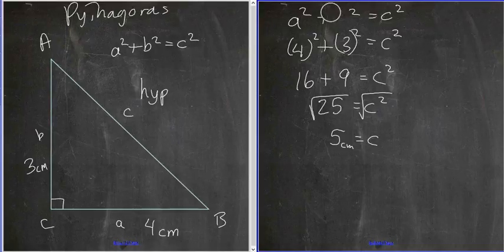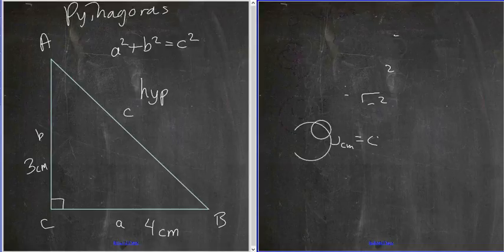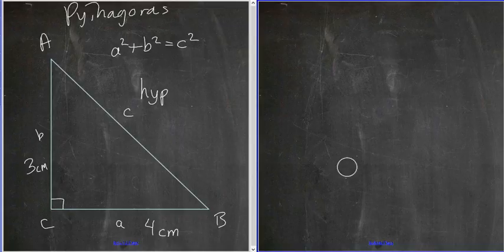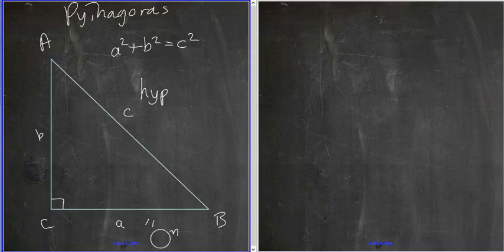Now, the other thing that we're occasionally called to do when we're using the Pythagoras theorem is we're not going to be given sides that are quite so elegant or easy to use. So in our next example here, we're just going to randomly assign some numbers, make it a little bit more complicated. Let's make this a nice isosceles right triangle. Let's say that b is 5 centimeters.